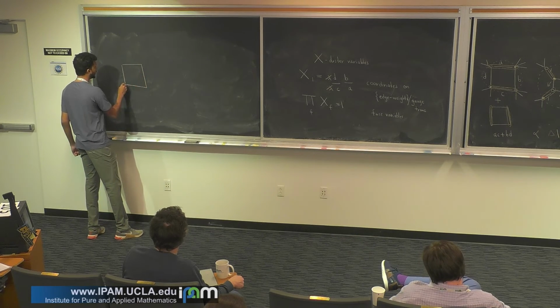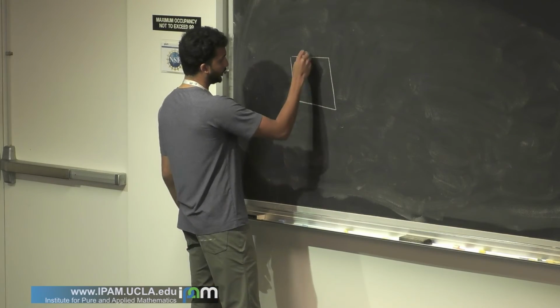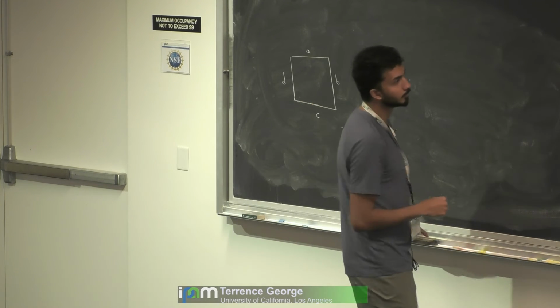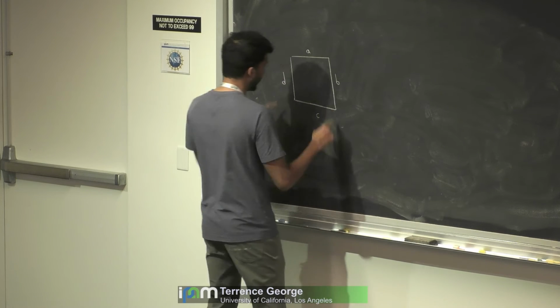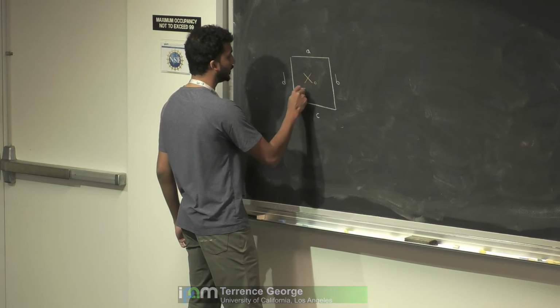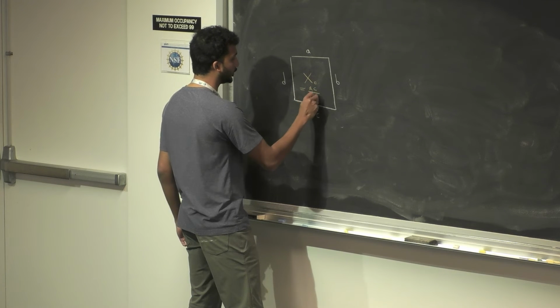So initially you started with this picture where you have A, B, C, D. And the x coordinates of the various faces are, so this is x0 is AC over BD.